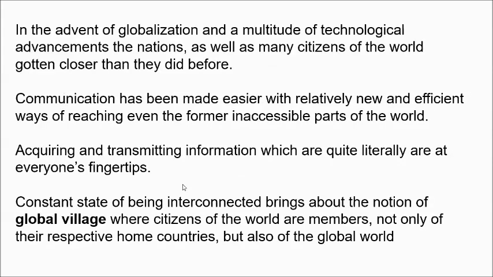Recently we were talking about the global village, and back in your previous lessons, about sustainable development, just like our previous discussion.